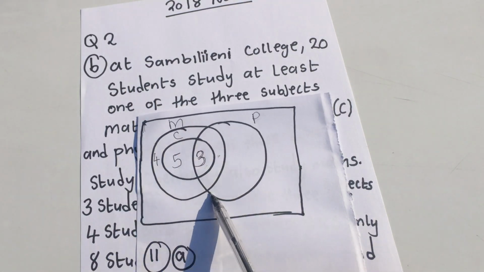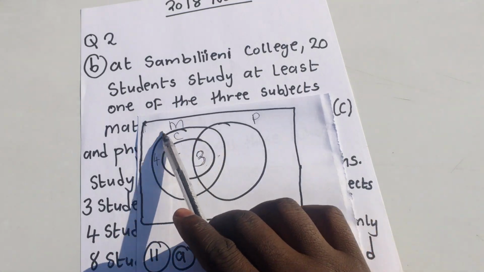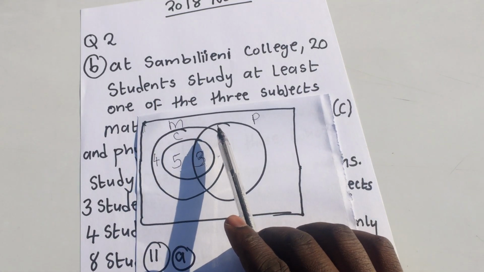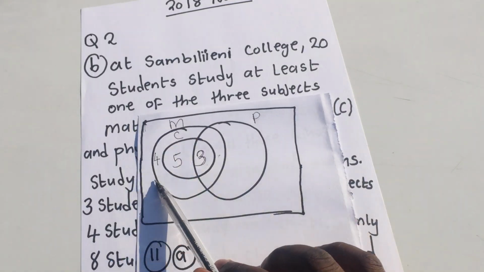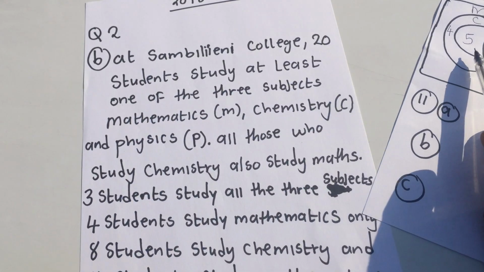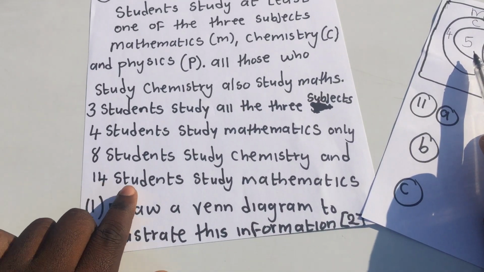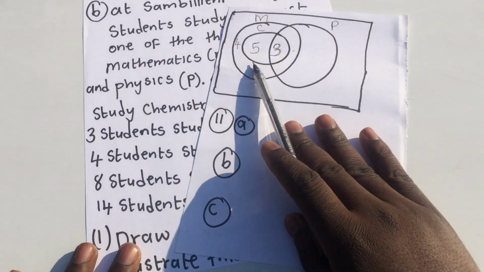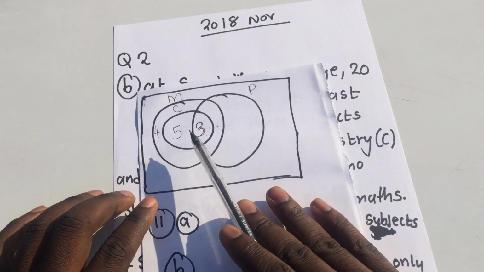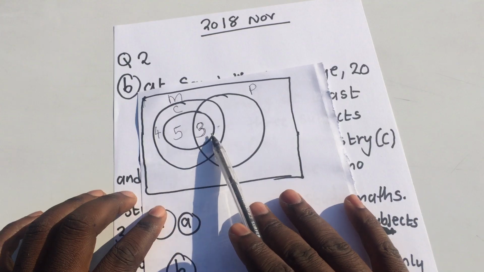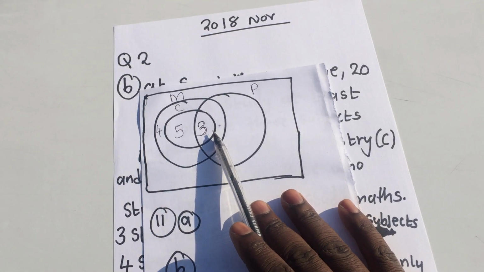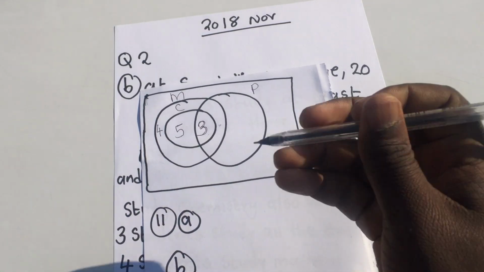You have been told that people who study mathematics, there are 14. So you say 14 minus 12, the one you got after adding this. 14 minus 12, it's 2.